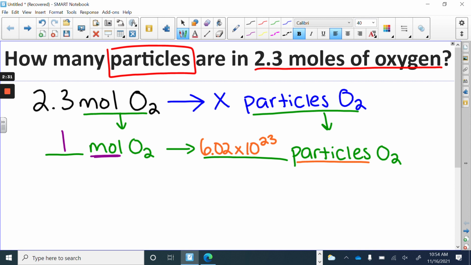Now that we have the blanks filled in, all we have to do is our butterfly method. We're going to cross multiply and divide. So in our calculators, we will put 2.3 times 6.02, the second, or the blue button, e to the 23. Or you can just put 6.02 times 10 to the power of 23. We're going to hit enter, and then divide by 1, and we will get our answer.